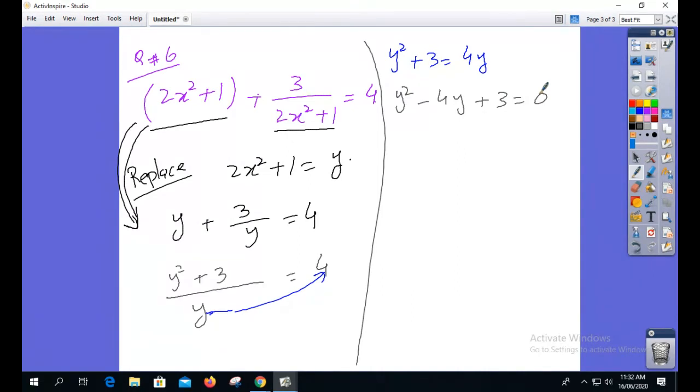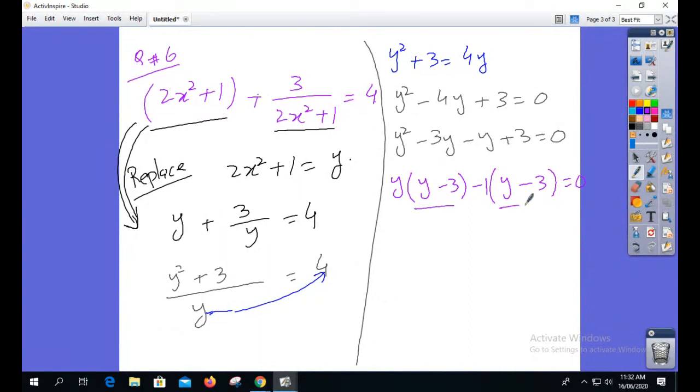We use the midterm break or factorization method to solve. What is midterm break? y squared minus 3y minus y plus 3 equals to 0. We can take y common from here and we have y minus 3, minus 1 common from here and we have y minus 3.